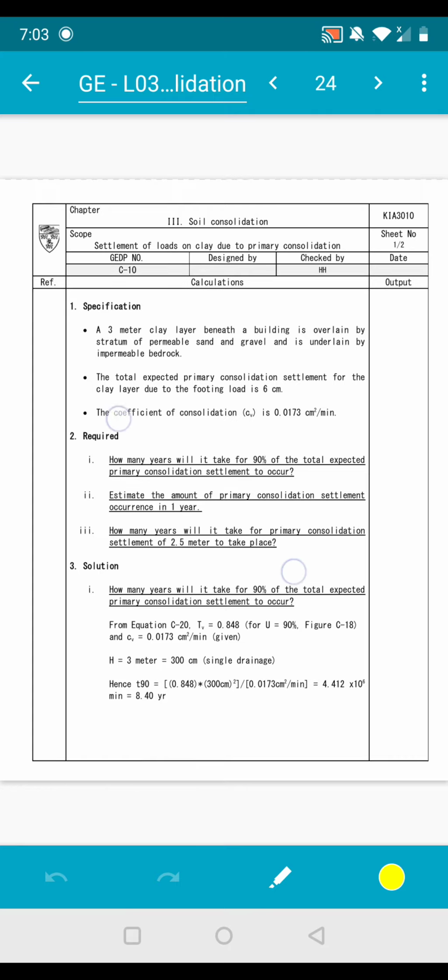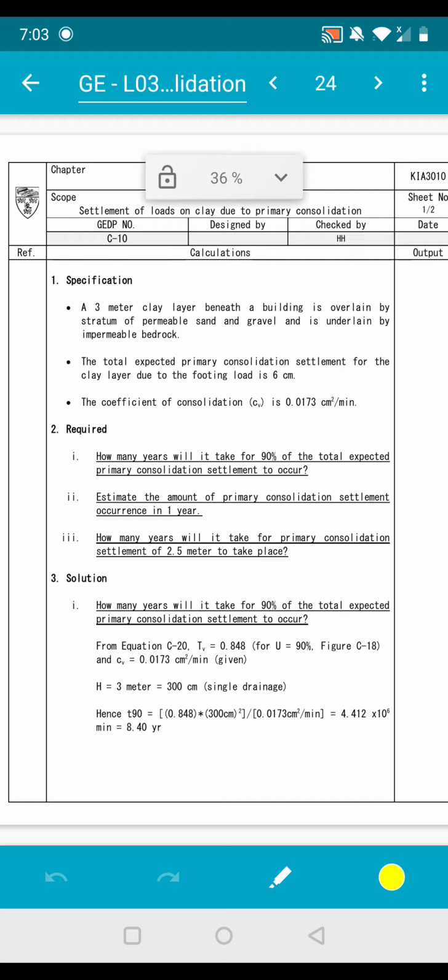Okay, let's move on. So this is problem number 10. Specification: a 3-meter clay layer beneath a building is overlain by a stratum of permeable sand and gravel, and it is underlain by impermeable bedrock. So 2 cases underlain. The total expected primary consolidation settlement for the clay layer due to the footing load is 6 centimeter.